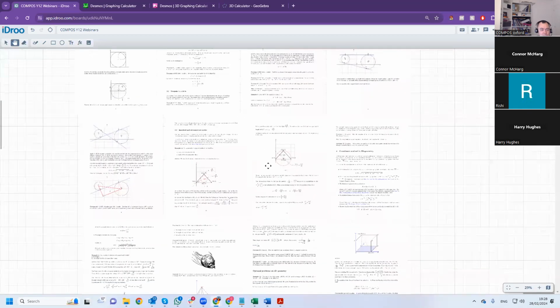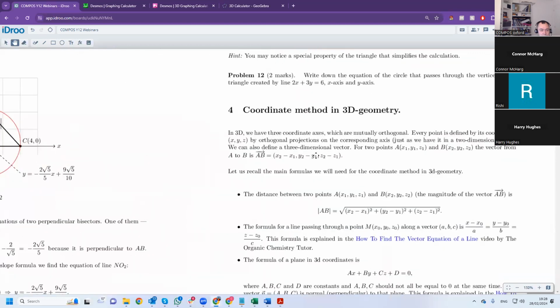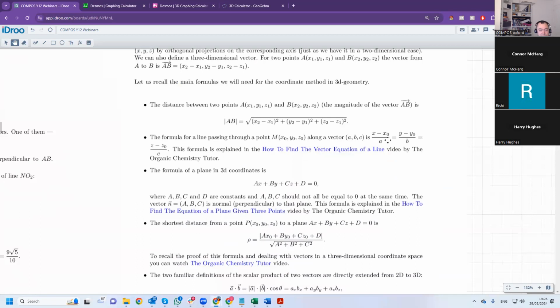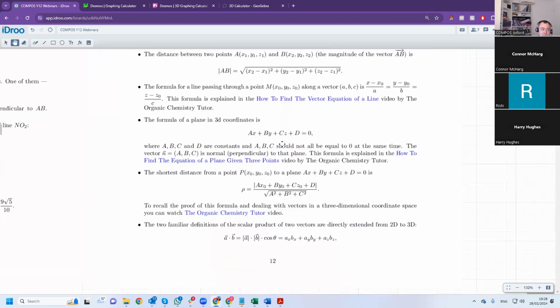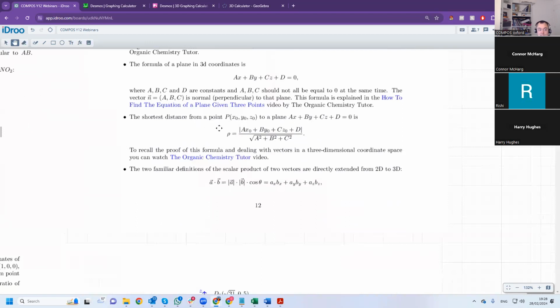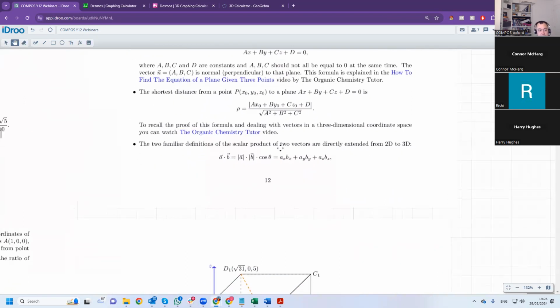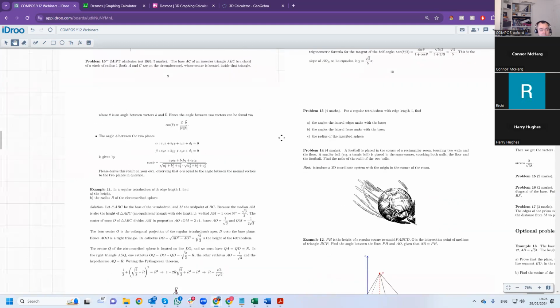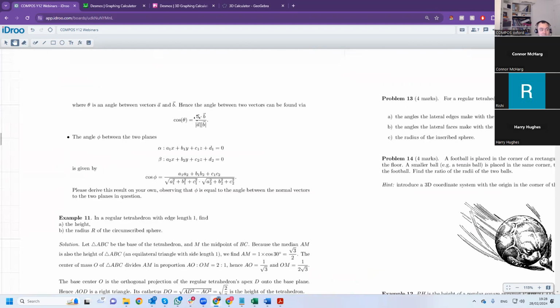So if you, the distance between 2 points, the equation of a line passing through a point, the formula for the plane, the distance between a point and a plane, and yeah, cosine of the angle between two vectors, cosine of the angle between two planes.